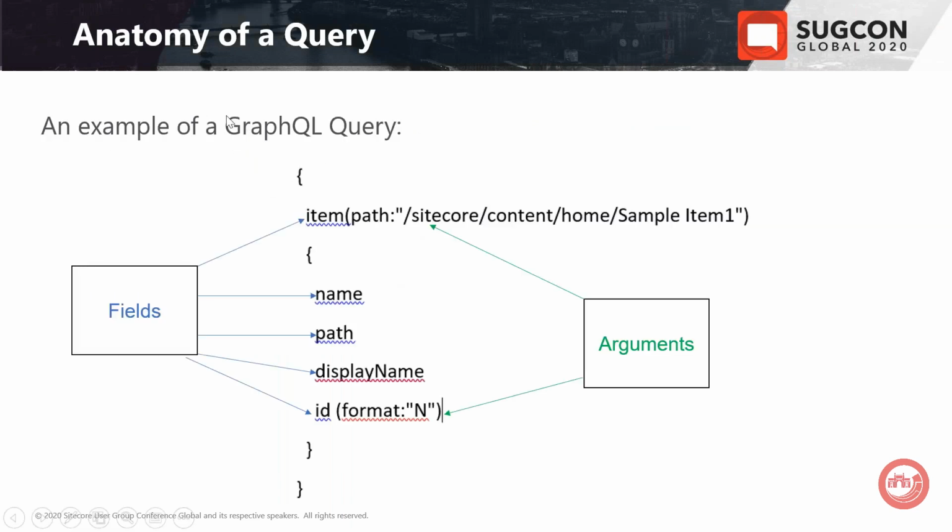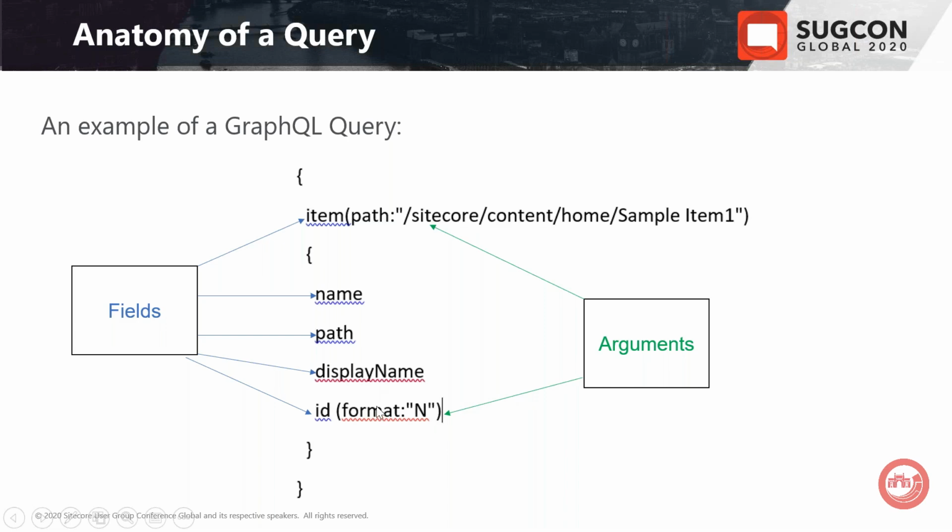In a simple anatomy of this query, these are called fields, including the item name, path, display name, and ID. One more special thing here is that you can pass arguments to your field as well. Here, in this format, colon n says that I need the ID in numeric format.